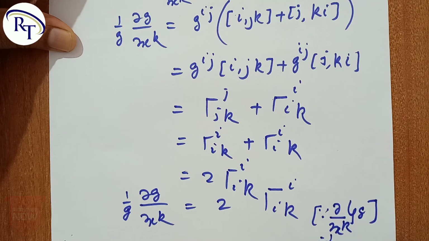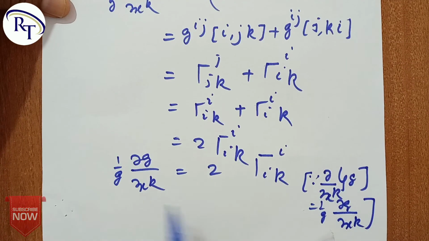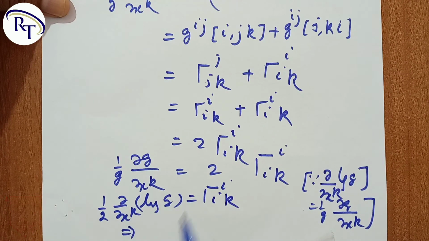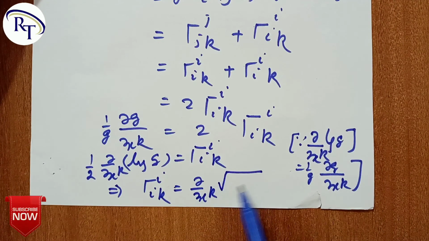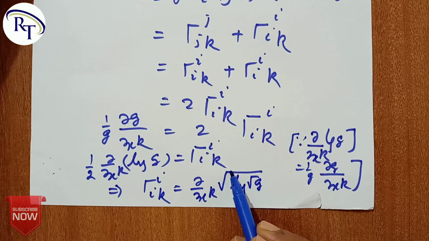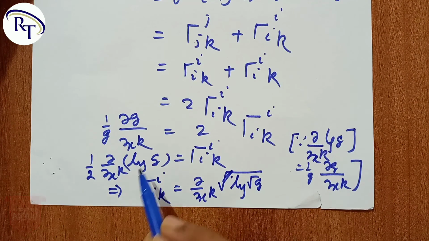So dividing by 2, Γ^i_ik is equal to ∂/∂x^k of log root g, because by the property of logs, n log m is equal to log m to the power n, so this is ∂/∂x^k of log g to the power half.